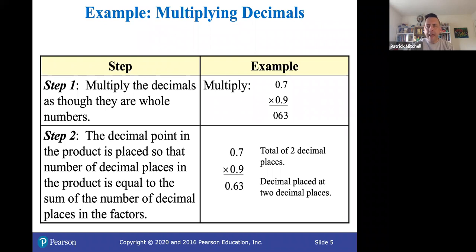We're multiplying 7/10 by 9/10. 7 times 9 is 63. Since 7/10 has one decimal place and 9/10 has one decimal place, 1 plus 1 is 2. So the answer is going to have two decimal places. The product of 7/10 and 9/10 is 63 hundredths.